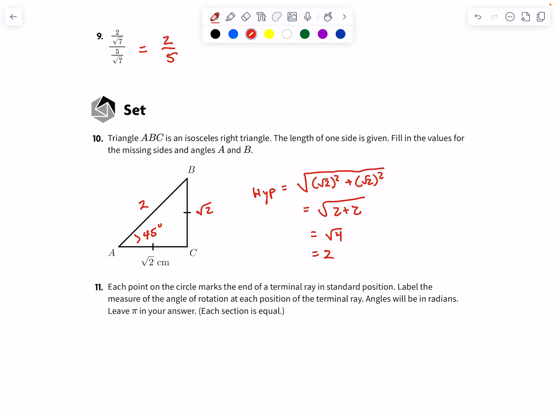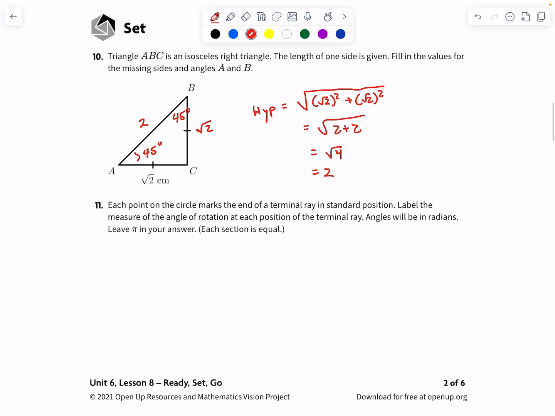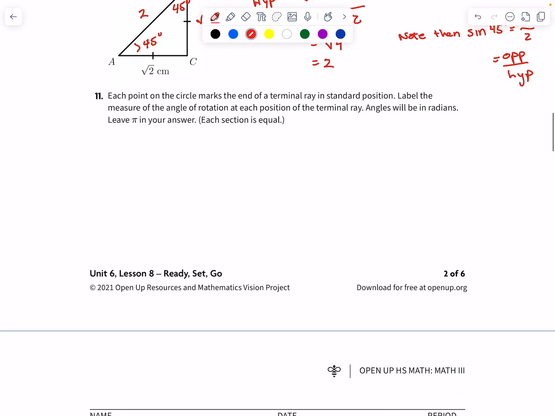And if it's isosceles, these are both 45-degree angles. Okay, remember that, so it's all consistent. All right, each point on a circle marks the end of a terminal ray.